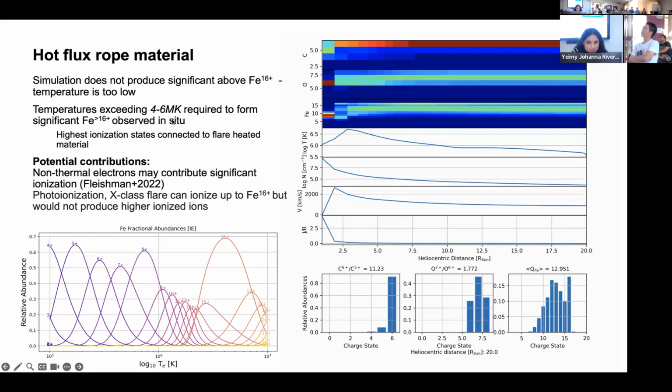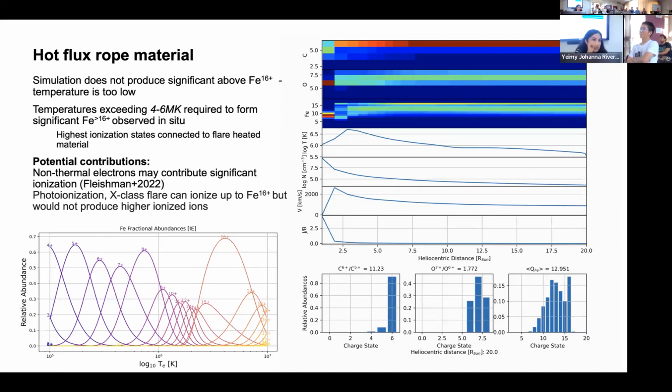And this is typically the ionization stages that we see with something like the Bastille day event. It's generally connected to flare sites, flare-heated material, some association of flares. That's generally where you typically find those conditions.